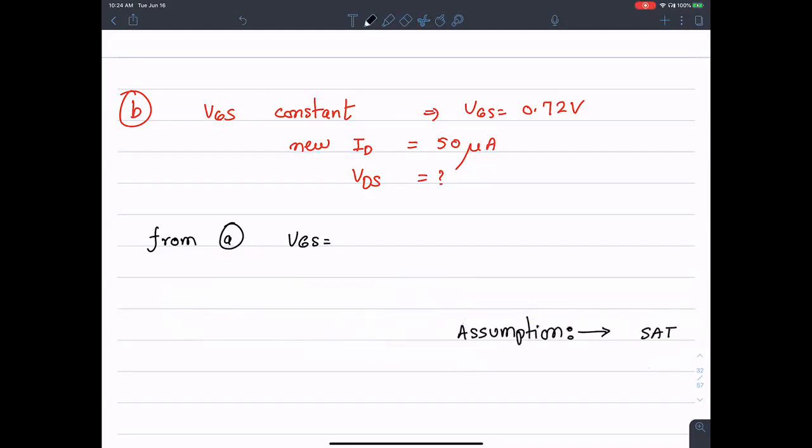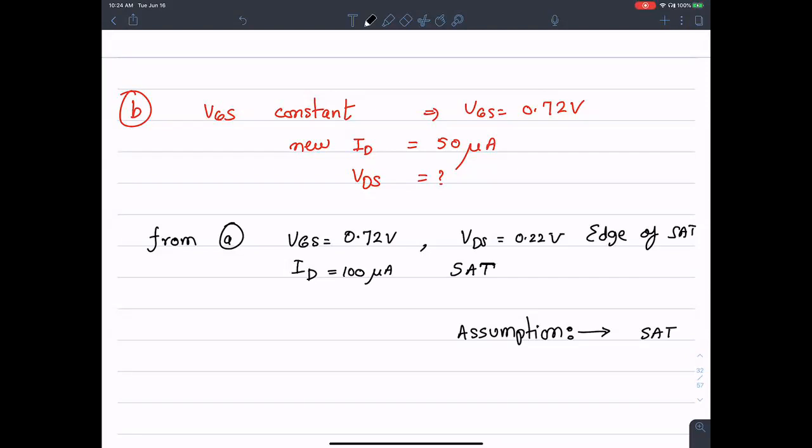So VGS from the previous problem is 0.72 volts. VDS was found to be 0.22 volts, and we were on the edge of saturation. What was the value of ID? ID was 100 microamperes, so we were barely in saturation.